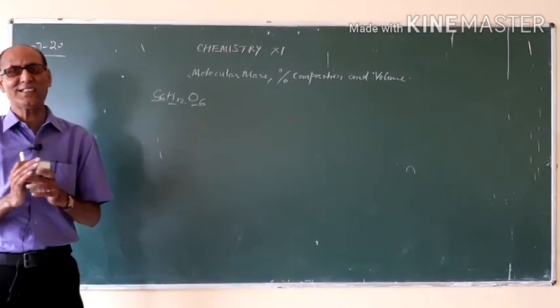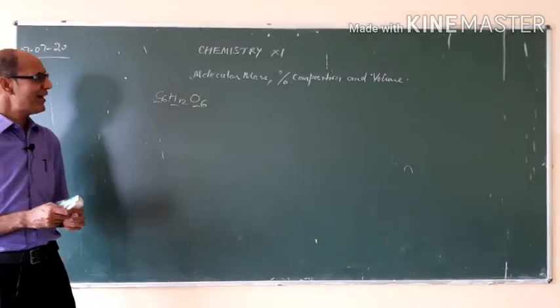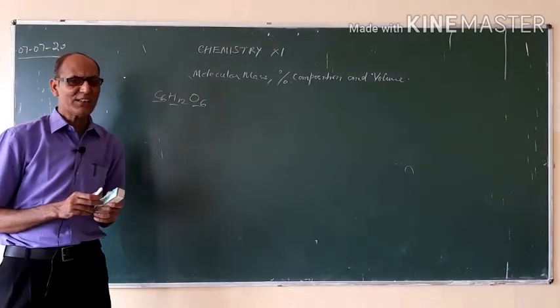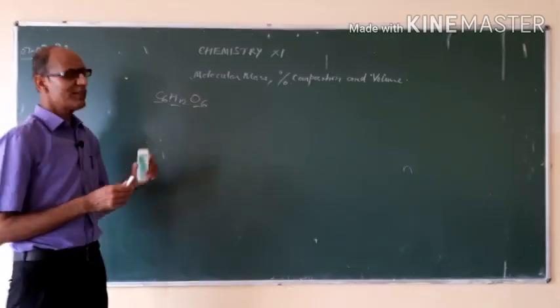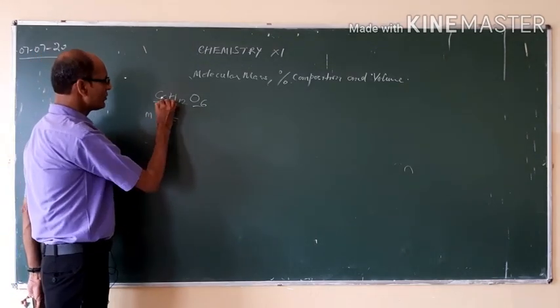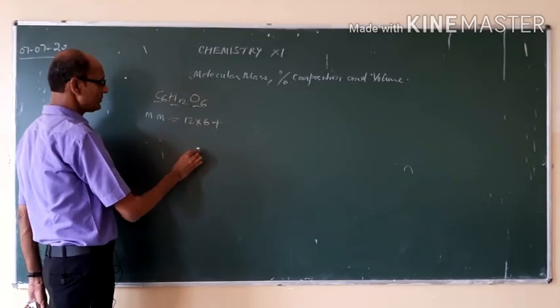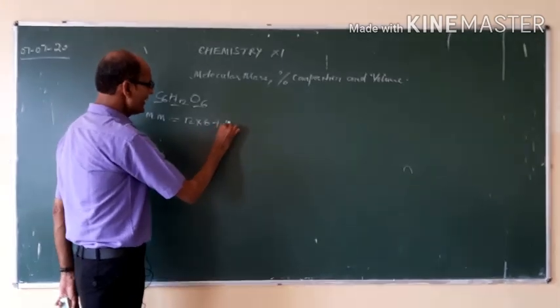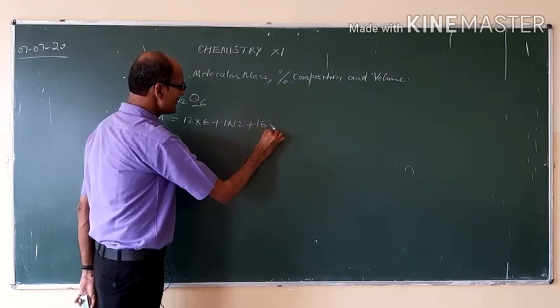How will you find the percentage of an element present in any molecule? First of all, we have to calculate the molecular mass of the molecule. So molecular mass equals 12 into 6 plus 1 into 12 plus 16 into 6.